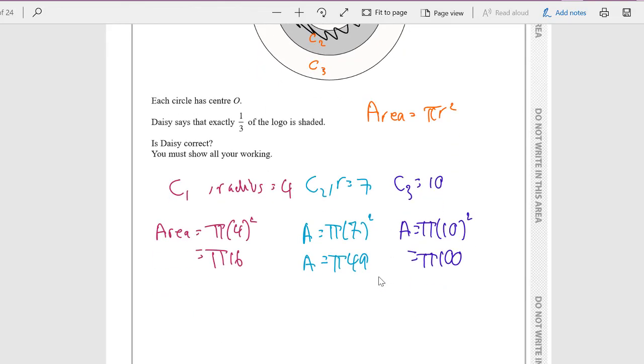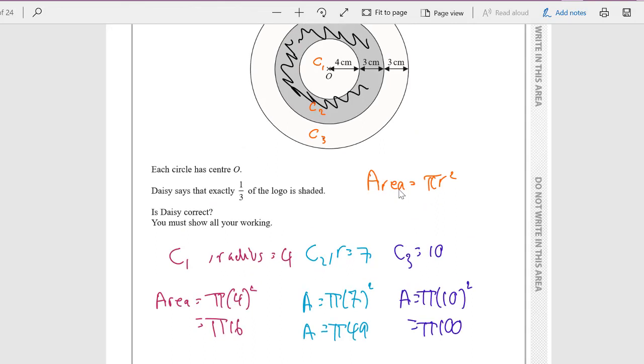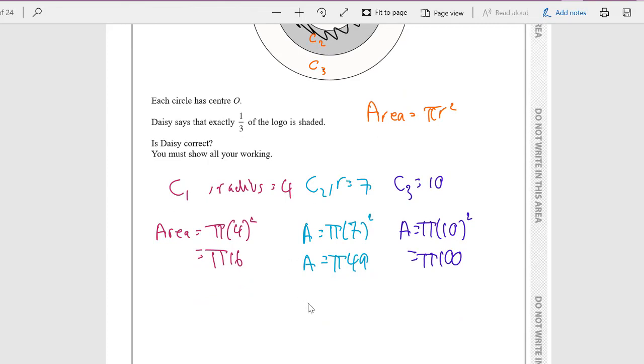So now, we know that the shaded area is going to be equal to just this part here. So that's the entire area of C2 subtracted by the entire area of C1, because then that will just give us that shaded region there. So from C2 we had 49 pi. We're just going to flip the way that we write it by having the numerical value first, minus 16 pi.